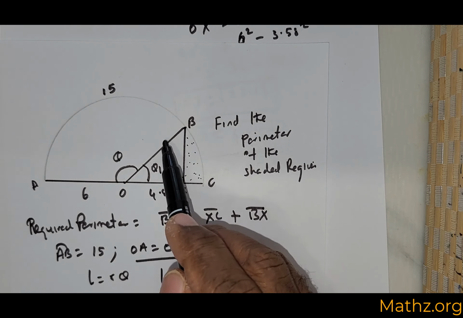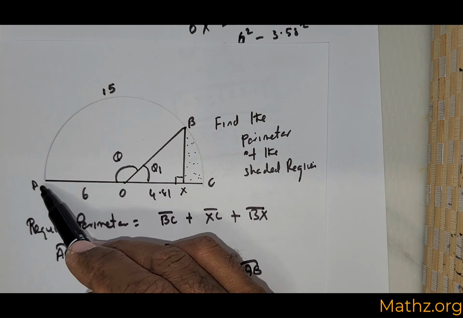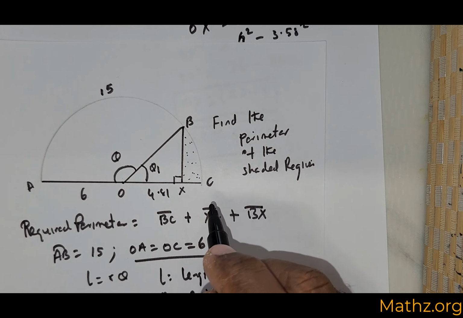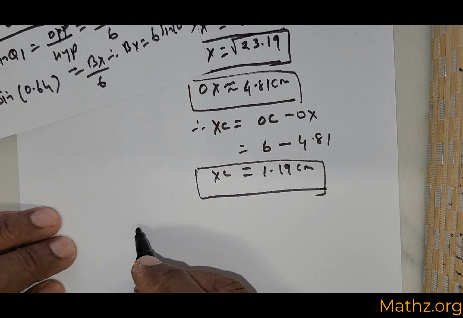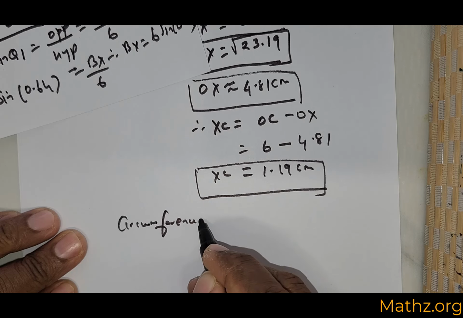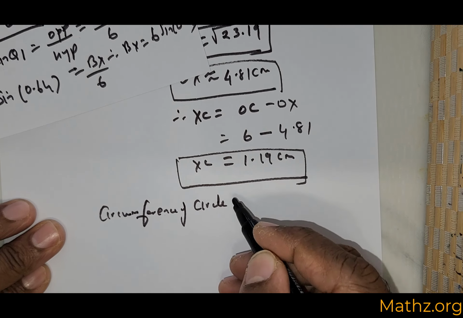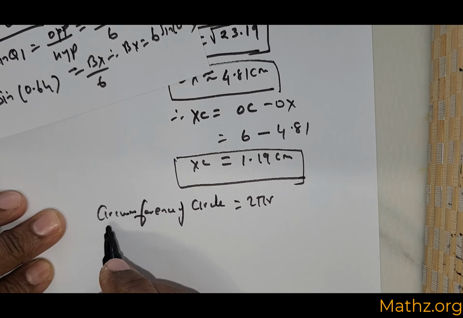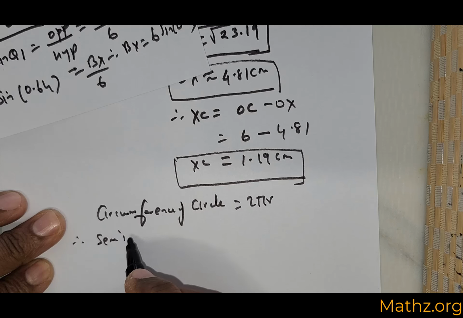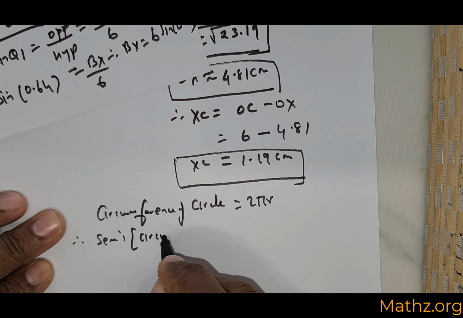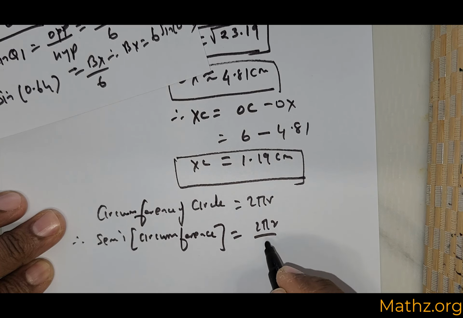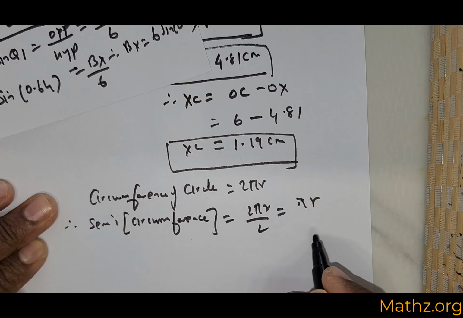Now this arc length AB is given. It's 15 units, but AC is not there. We can calculate AC. Now the circumference of a circle, what is the formula? 2 pi r, but we are given the semicircle, right? So for a semicircle the circumference is going to be 2 pi r divided by 2, which is pi times r.